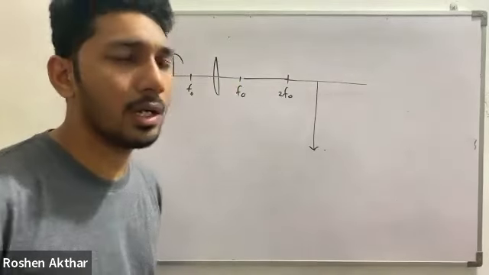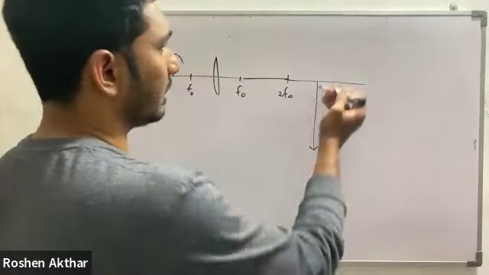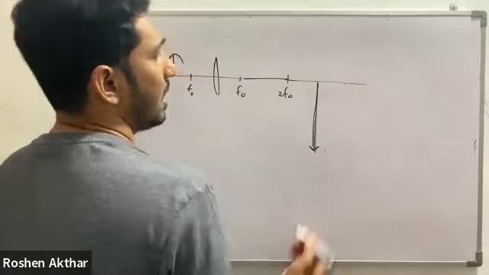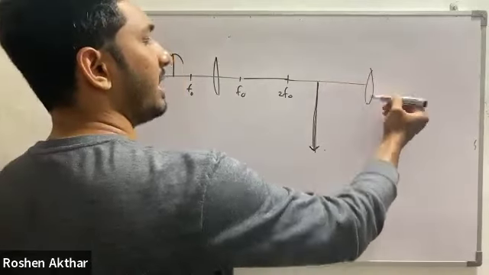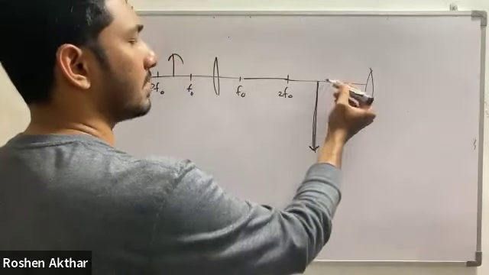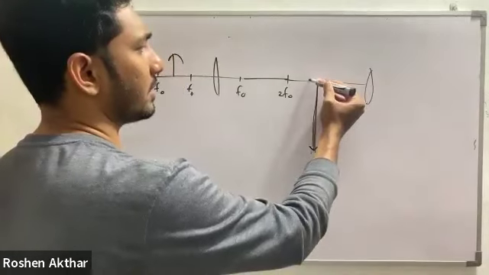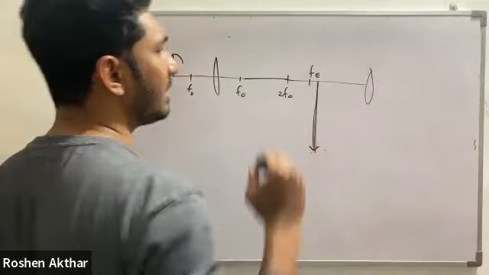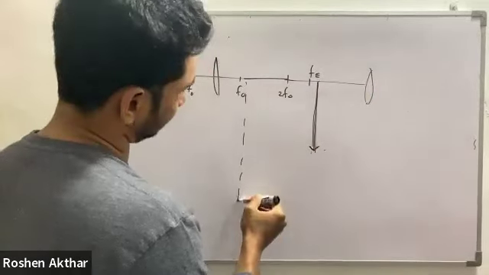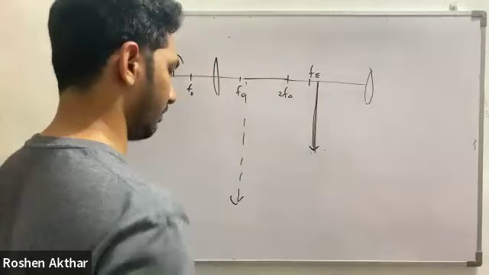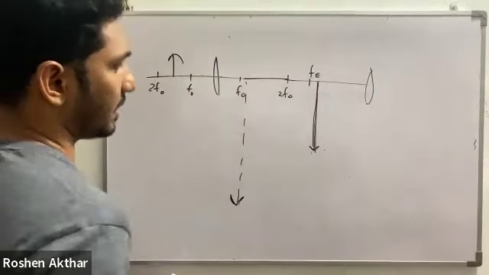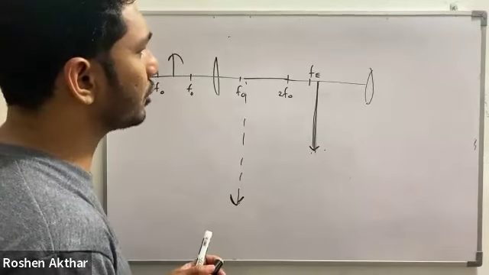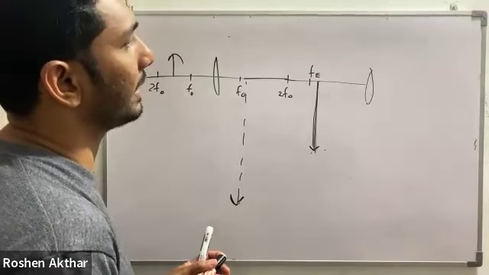And usually this image falls inside the focal length of the eyepiece. So it produces a magnified, erect image.